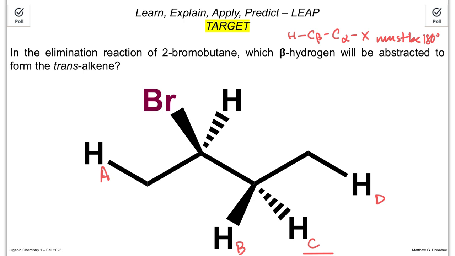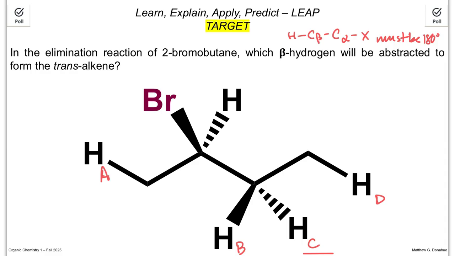It's 180 degrees from the leaving group. And the other thing, when you look at the chain that's drawn on the board, these two carbons are opposite one another. And so that means this is getting abstracted and that's leaving. So these groups are going to end up on opposite sides.